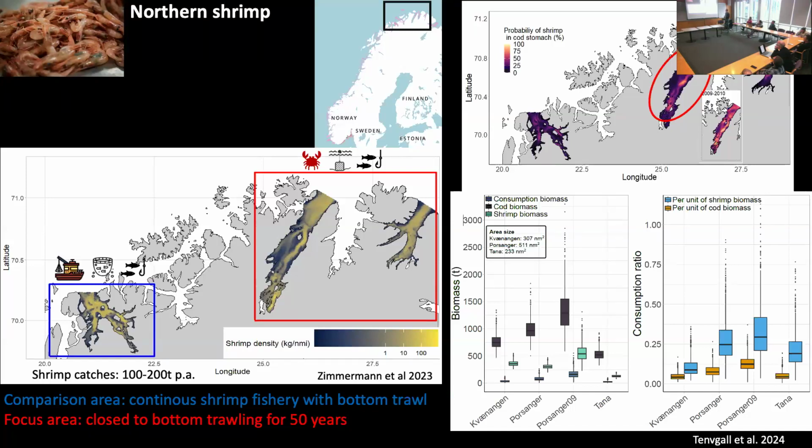In this fjord here, you have a slightly different situation: the consumption rate is high, but you have so much more cod than shrimp, relatively seen. It means basically that the predation mortality happening in those two closed fjords results in a total mortality that's virtually identical to the total mortality in the fished fjords.